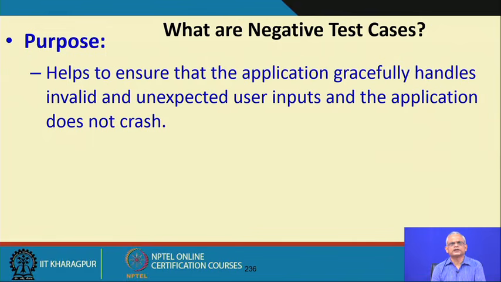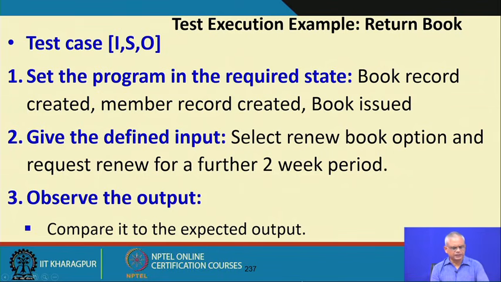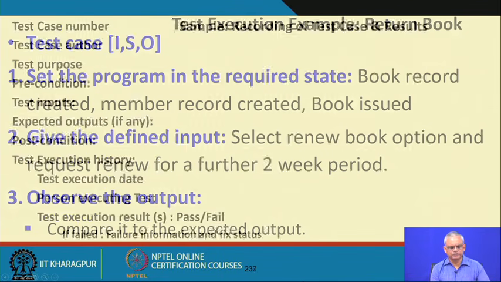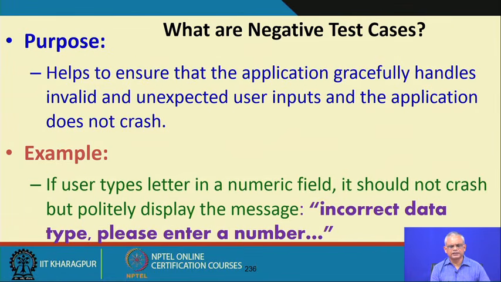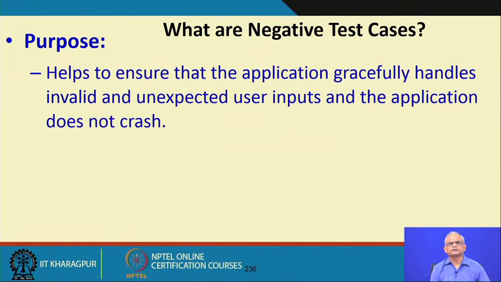The system should behave gracefully, it should not crash. For example, if the number of books to be issued is to be entered, and the librarian enters, let us say, instead of a number, an alphabet like A or something by mistake, then the system should not crash.